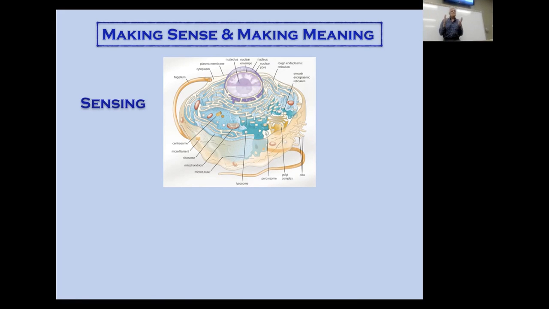Sense comes from sensing. This one cell is getting information in patterns, energy patterns, from the environment, chemical, electrical, and thermal. And based on that information, it is deciding to go forward if there's food, or to flee if it's hostile.